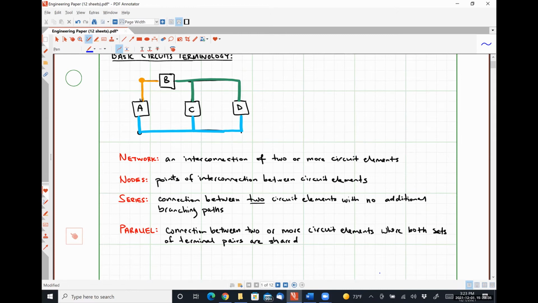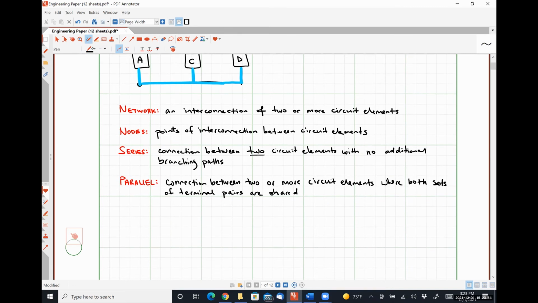All right. So when a network contains at least one closed path, the network can be considered a circuit. Okay. So this network is a circuit because it contains multiple closed paths.